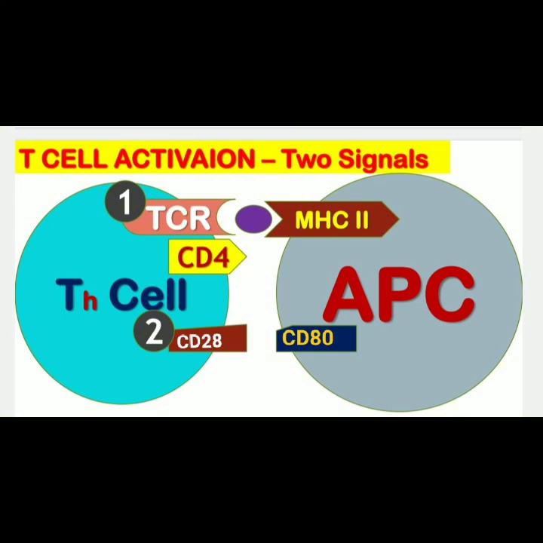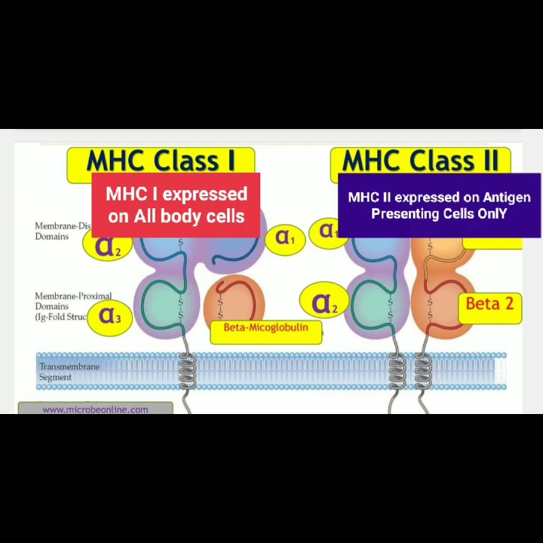But the most important signal is the interaction of the T cell receptor and CD4 protein with major histocompatibility complex 2, MHC2. MHC2 is only expressed by antigen-presenting cells and plays an important role in the activation of T lymphocytes.